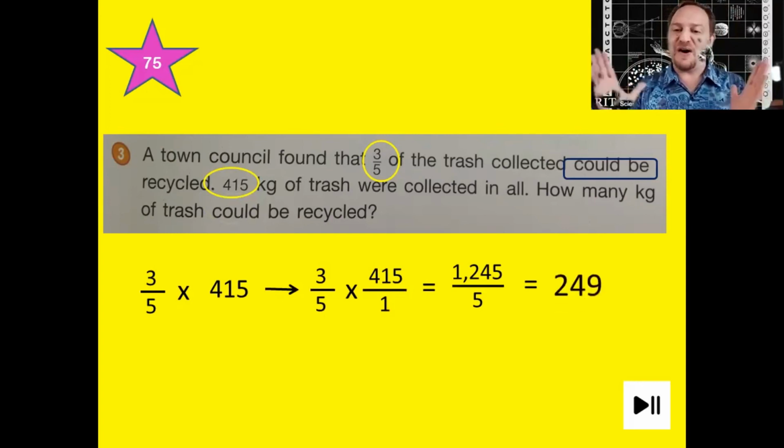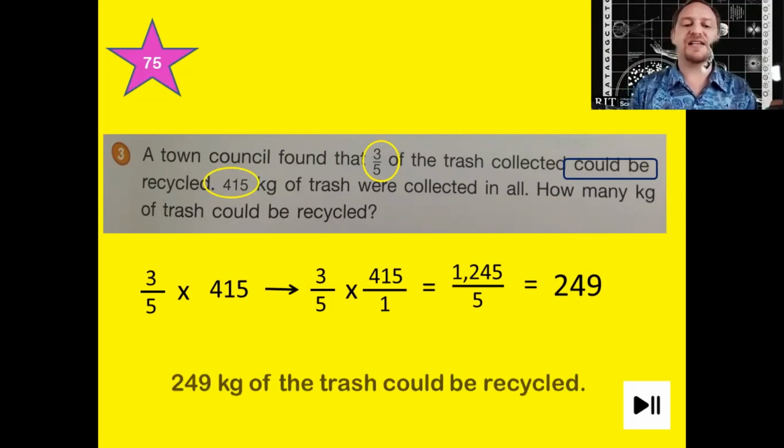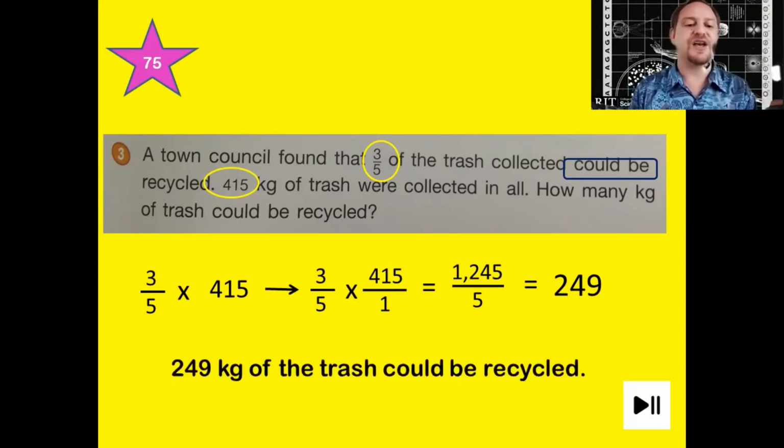And our answer would be a whole number, no remainder, 249. So our sentence would read as follows: 249 kilograms of the trash could be recycled. All right? Excellent. Again, if you manage to get the answer by yourself, excellent job and well done.